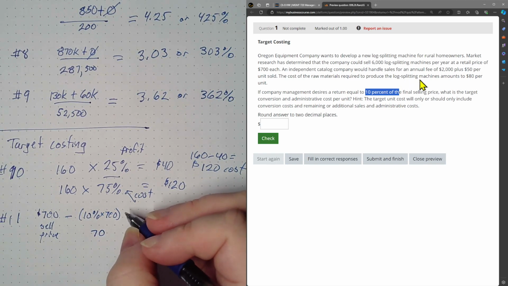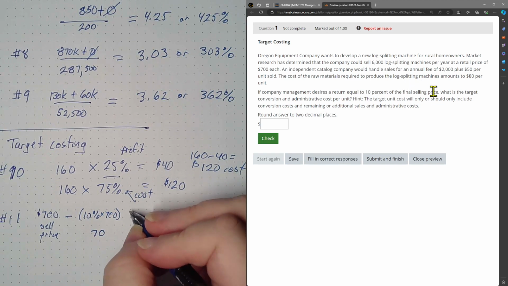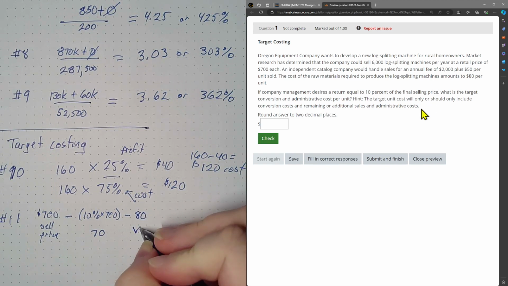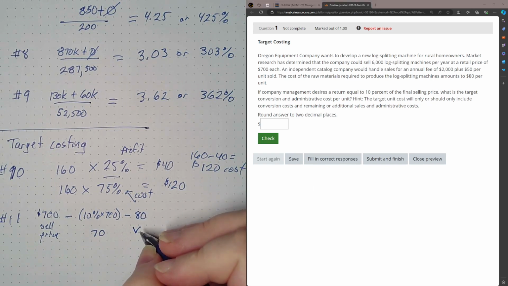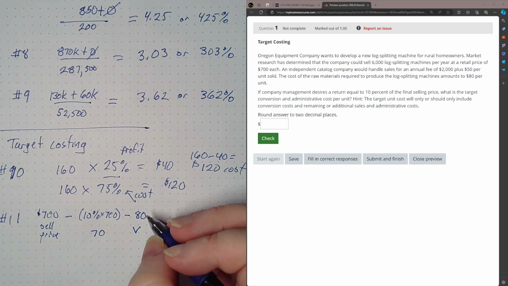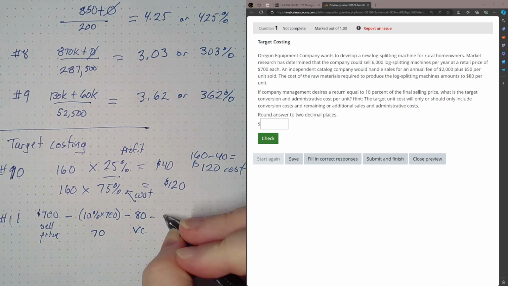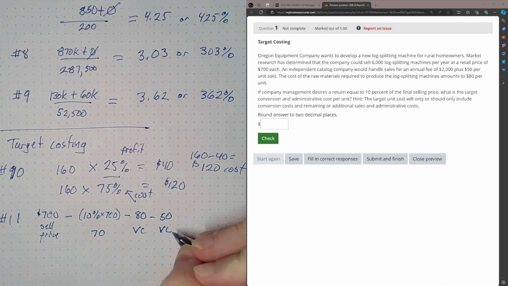Then they say $80. That's the type of variable cost. They say minus 50. That's another variable cost. Then they've got this fixed cost. It's 2,000 per 6,000 log machines.